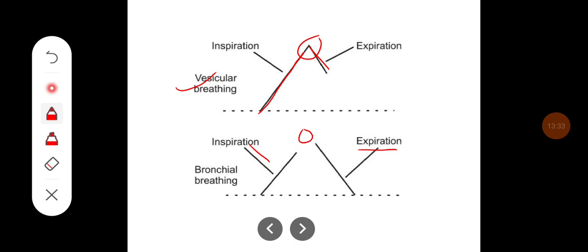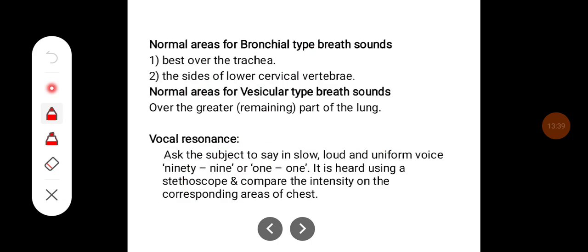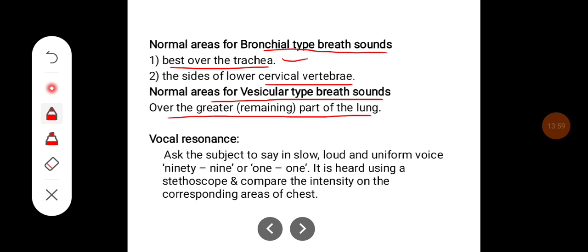Whenever you hear bronchial breath sound over the alveolar lung fields, it is always abnormal. Normal areas for bronchial breath sounds, apart from the lung field area, are best heard over the trachea and the sides of the lower cervical vertebra. The normal area for vesicular breath sound is over the lung fields.